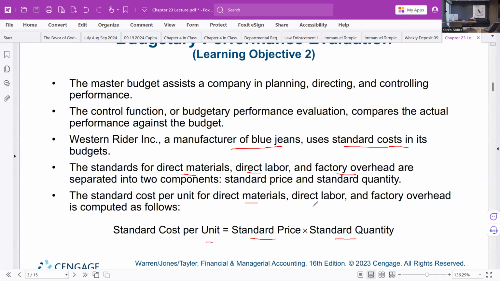Same thing for direct labor. If we're looking at the standard cost of direct labor, the standard cost will tell us the standard price of that labor or the wage rate per hour, and the standard quantity or the number of direct labor hours that we need for that product. So that's what a standard cost is. Again, it has two components, a standard price and a standard quantity.